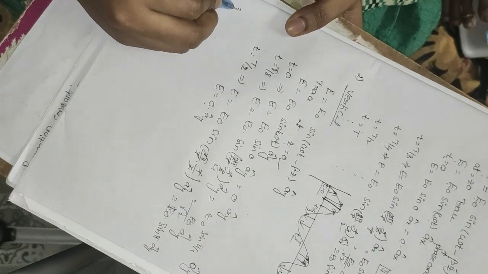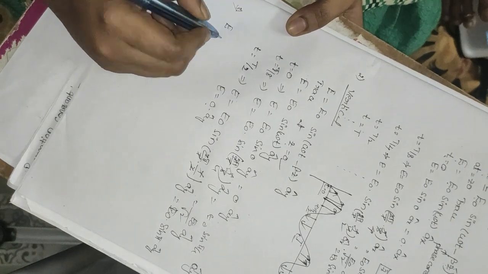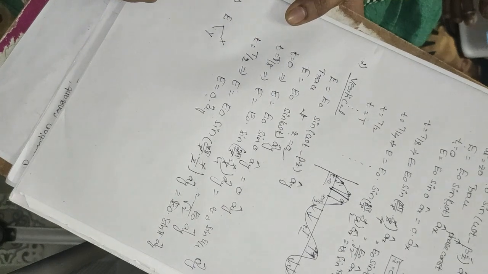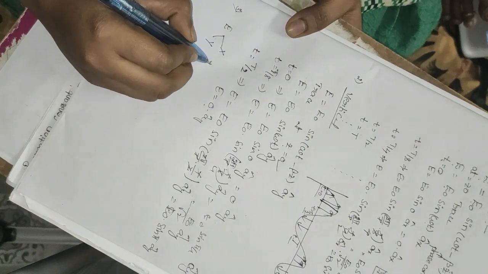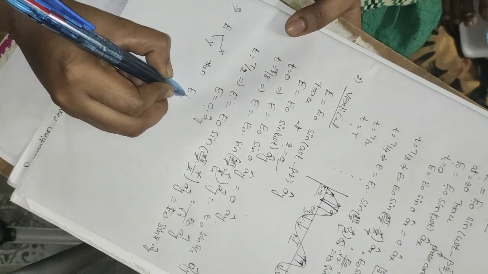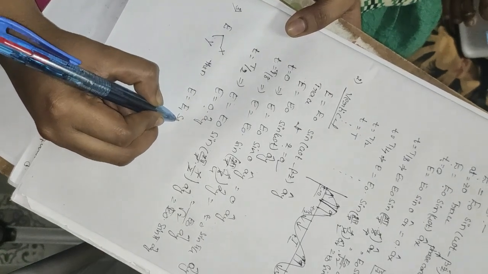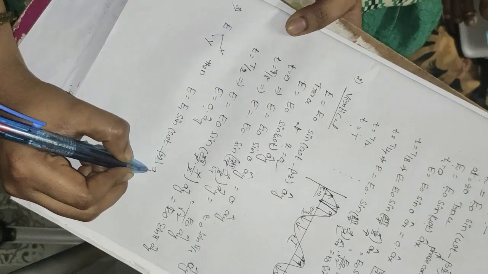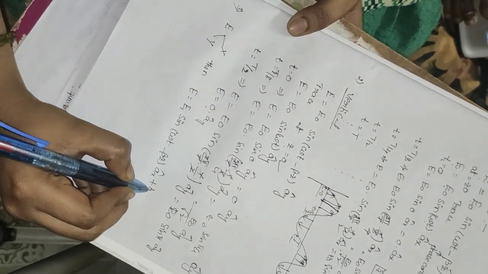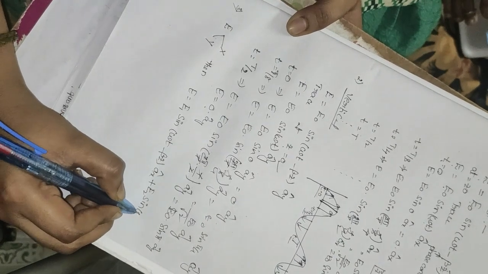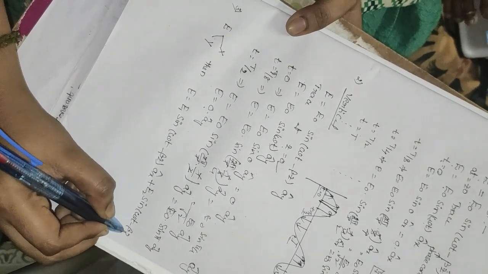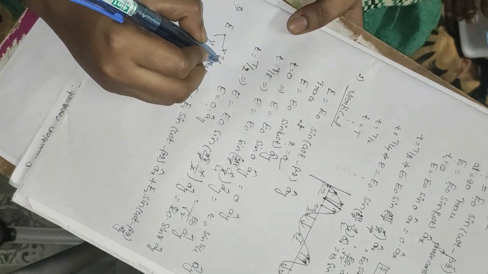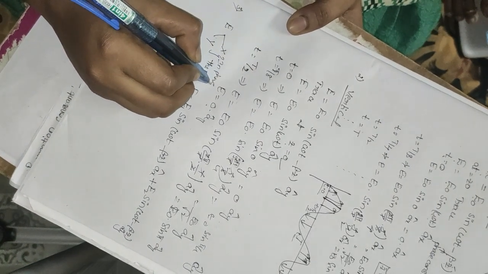For example, consider linear polarization as bidirectional polarization. Case 3 is if E is along the x and y axes, then E is defined as E1 sine of omega t minus beta z in the x direction plus the same signal in the y direction, sine of omega t minus beta z in ay cap. The x and y directions are in phase, these two are not out of phase.